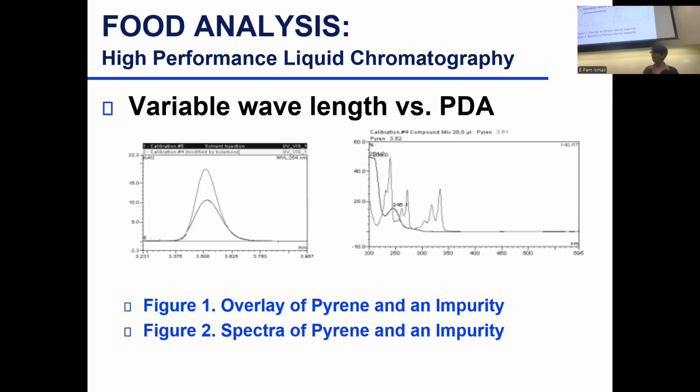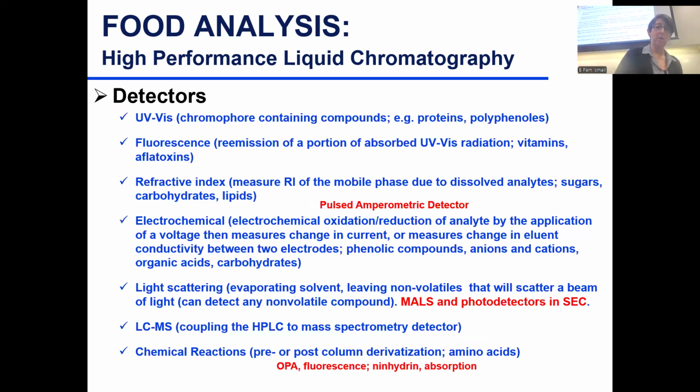But they will have the same wavelength because they have the same group that absorbs light. PDA has its limits, but what I want you to know is that PDA gives you better information about your compound than just absorption at one wavelength. We'll talk more about PDA and variable wavelength detector under spectroscopy.